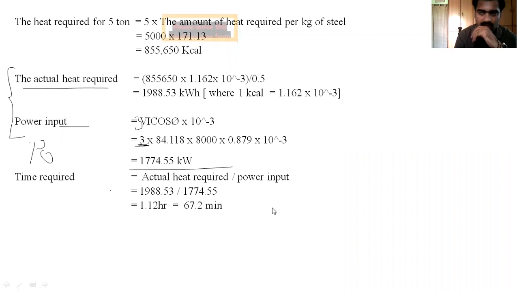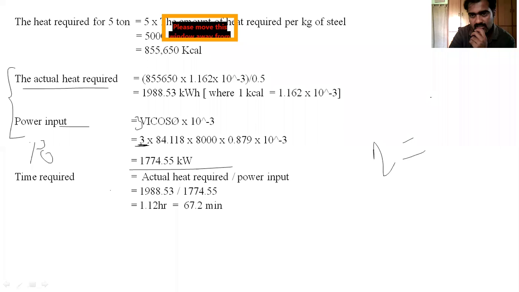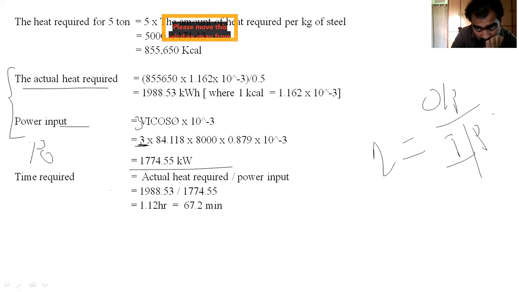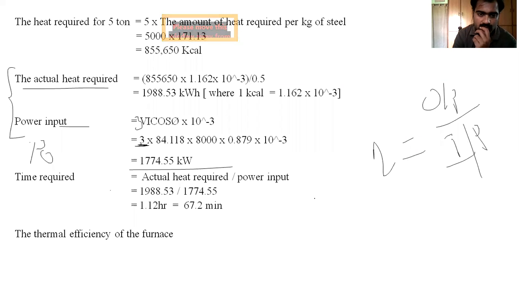So finally we are going to calculate the thermal efficiency. So can anyone give this efficiency? All you know, the efficiency is nothing but output power by input power. So calculate this thermal efficiency of the furnace.